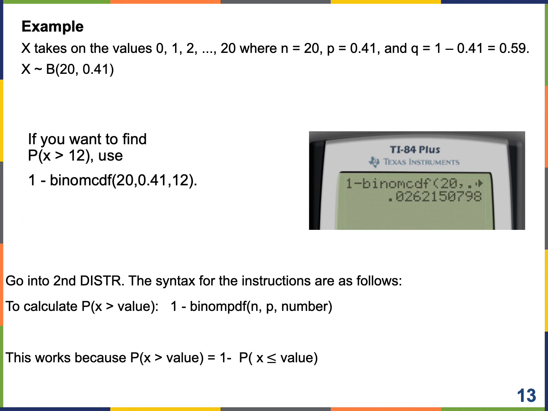We want to find x greater than 12. Probability of x greater than something is the complement of the probability of x less than or equal to. So the probability of x greater than a value is equal to 1 minus the probability of x less than or equal to. What that means in the calculator is we have to use the CDF, but it's 1 minus binomial CDF. I'll show you in the next slide.